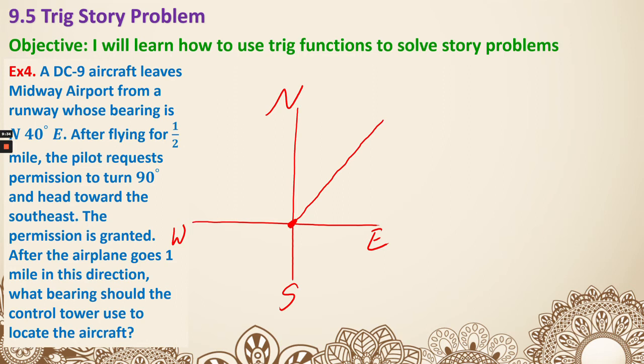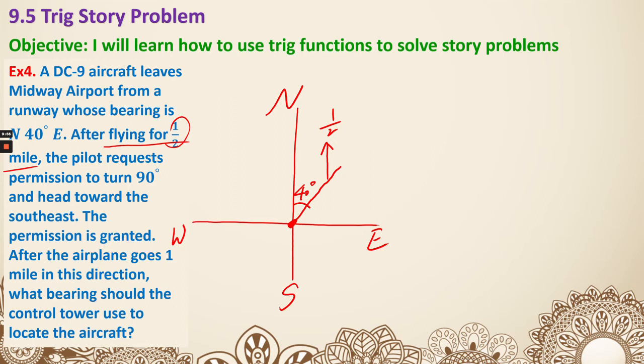And next, let me actually make the drawing a bit smaller. Like this. Okay, and that is 1/2. So north 40 degrees east. So this has got to be 40 degrees, and this is 1/2 mile because it says after flying for 1/2 mile.